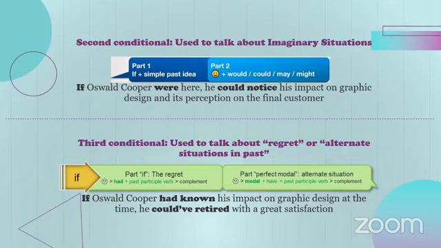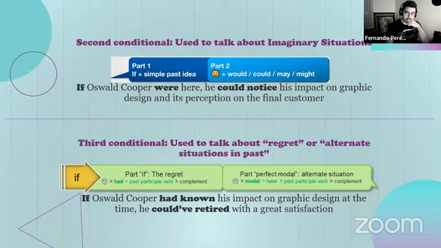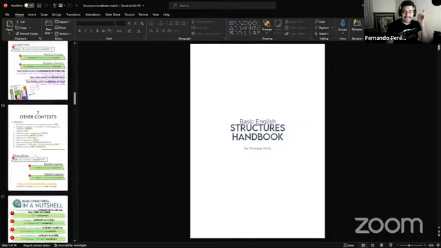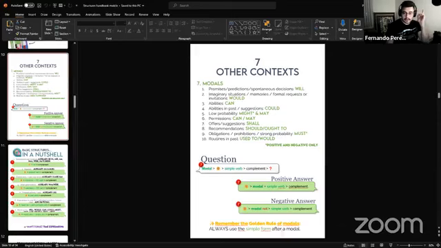Teacher, in the second conditional, the next verb after would, could, or might, may, it's in simple present? Well, okay, that's an excellent question. When we are talking about normal modals, like modals in their natural way, there is something in the Structure's Handbook that I like to call the golden rule of modals.